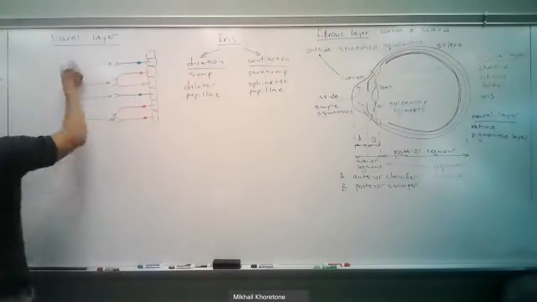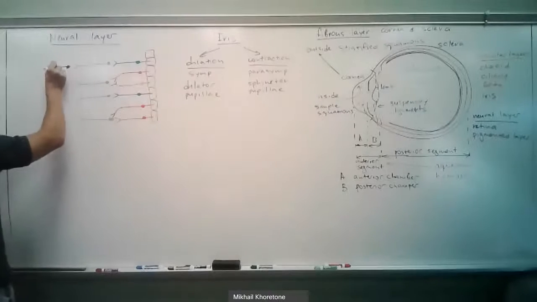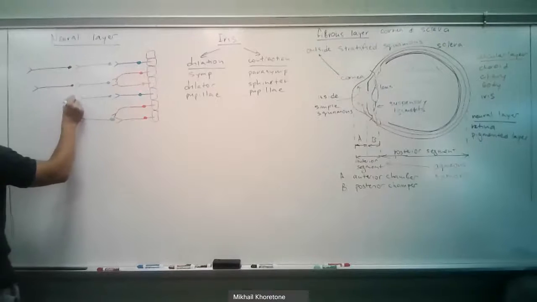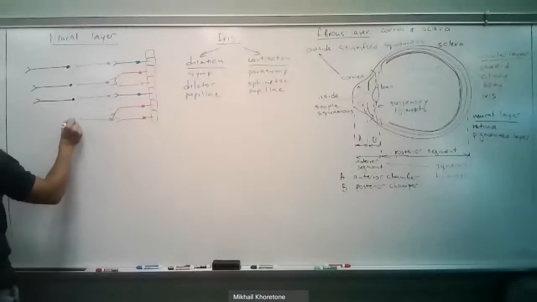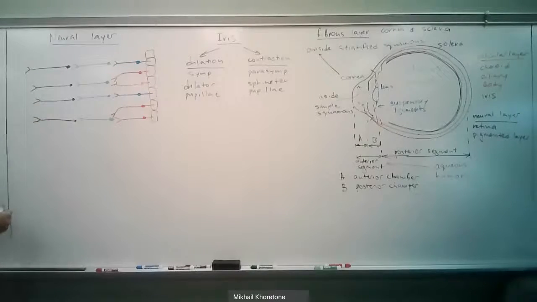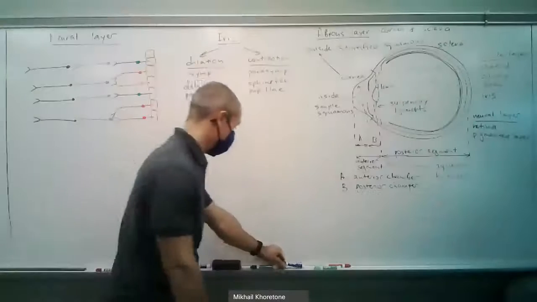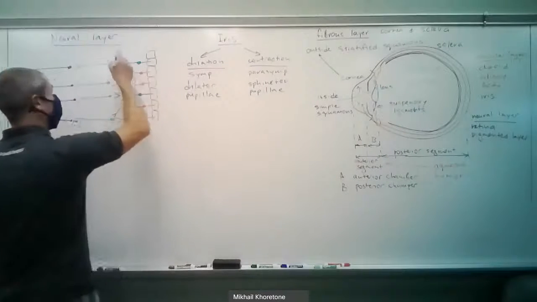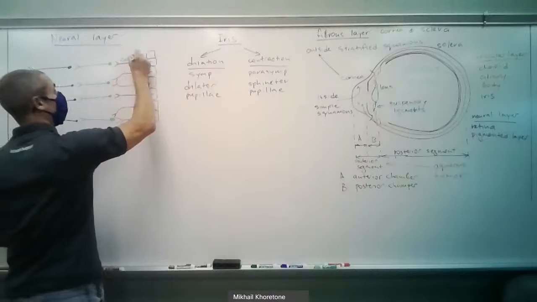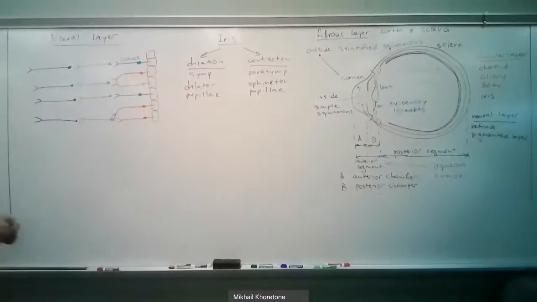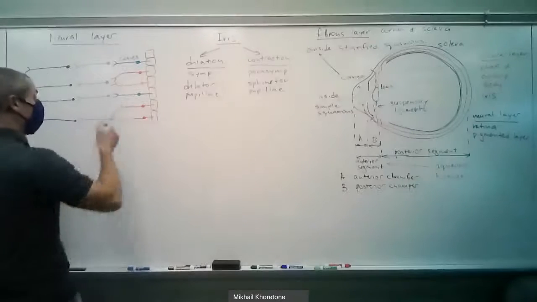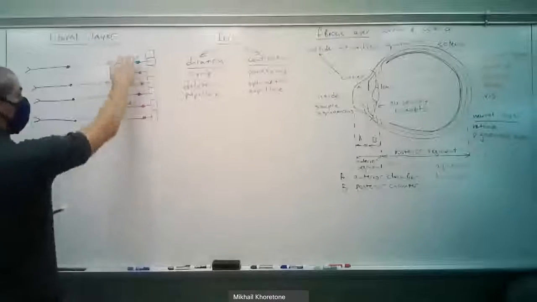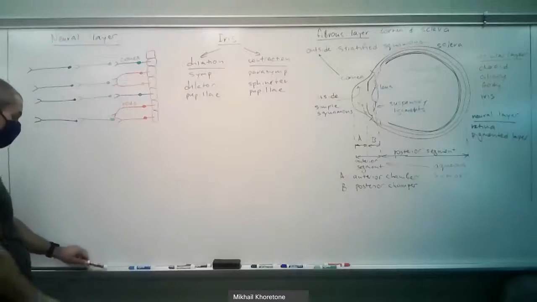And finally, okay, so what are those cells? These two are cones. The red ones are rods, and these are photoreceptor cells.